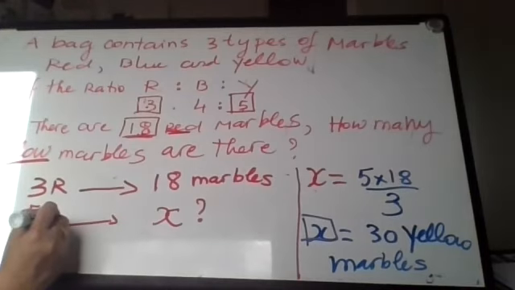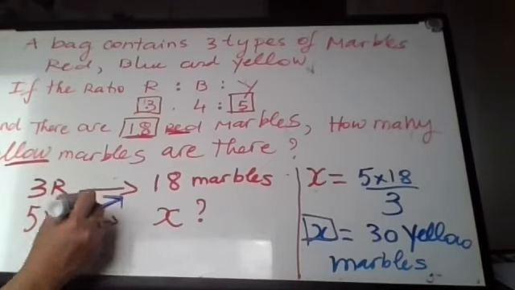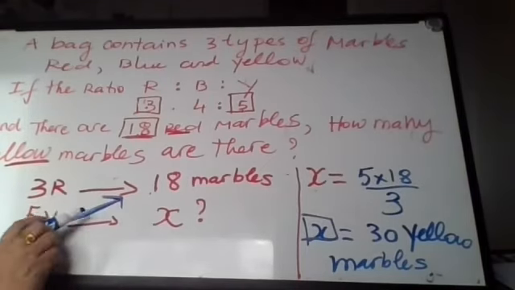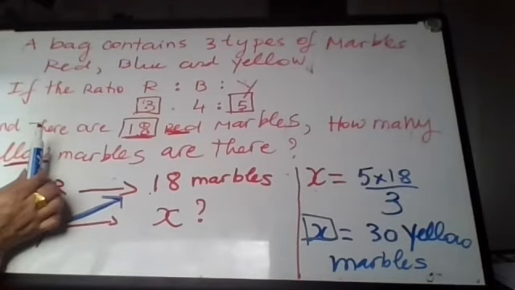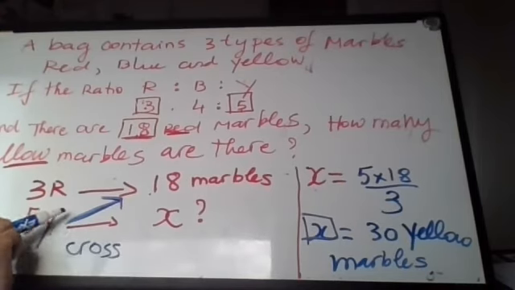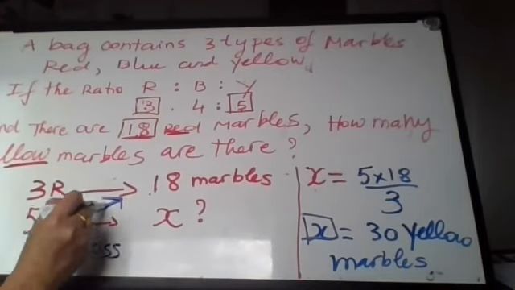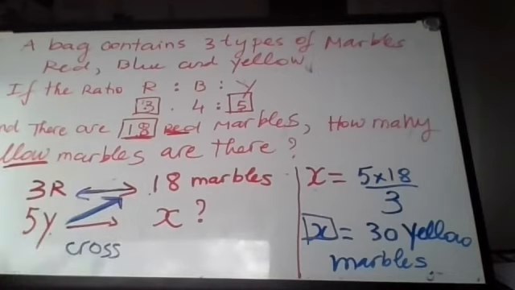And the cross multiply is represented by this arrow. There are only 2 numbers here. You can do cross, right? If you do it like this, it's straight. It's not cross, right? So this is cross multiply. So the arrow here is cross. So cross multiply, then go back to divide, right?